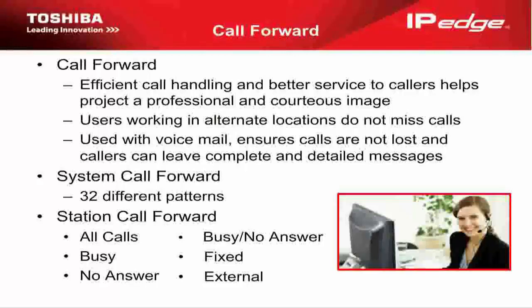This option is set up for each station by the system administrator using Enterprise Manager. There are 32 different System Call Forward patterns that can flexibly forward calls with unique call type, condition, and destination settings. Telephone users can turn the feature on or off from their telephone using a one-touch button or access code.